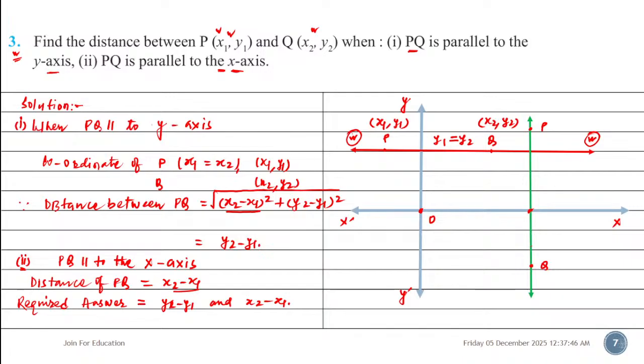When parallel to the x-axis, then the value of y will be the same. So hope there is no problem to understand this one. Parallel to the x-axis means that the coordinate of y in each point of the parallel line is the same.